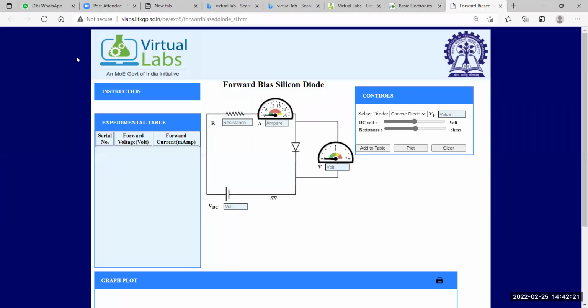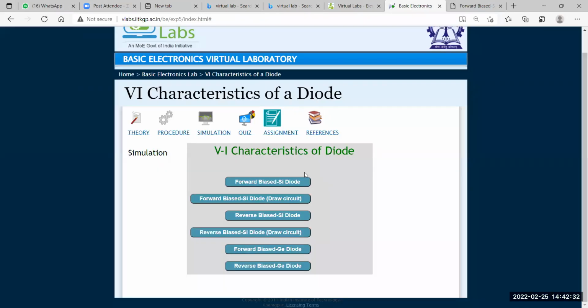First thing, forward bias silicon diode. There are a total of 4 points here: forward bias silicon diode and draw circuit, reverse bias silicon diode and draw circuit, and forward bias germanium diode and reverse bias germanium diode. Two diodes are used here, silicon diode and germanium diode.